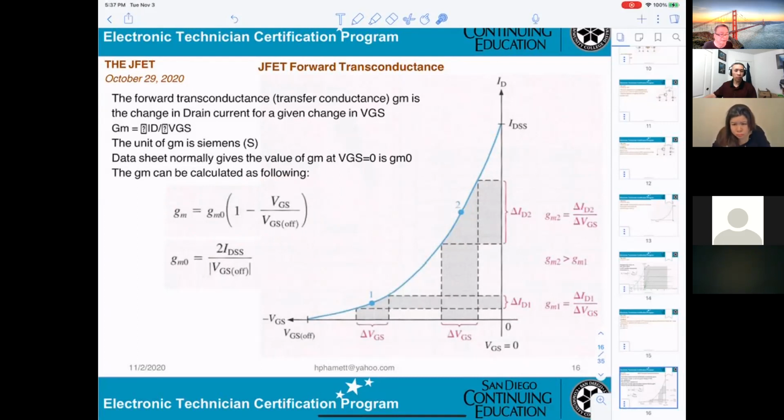GM0 is the transconductance at VGS equals 0, and normally it is given to you in the data book.